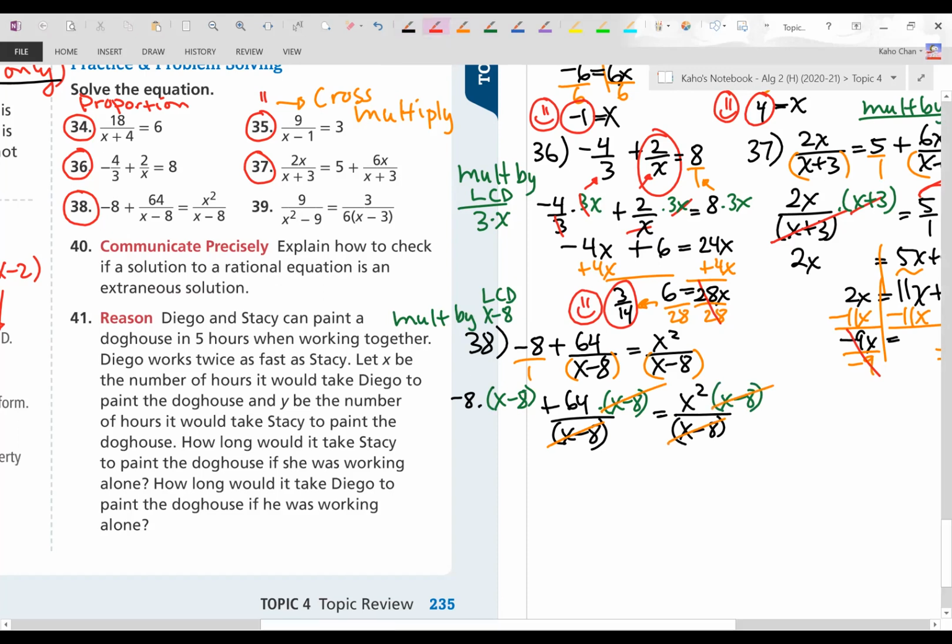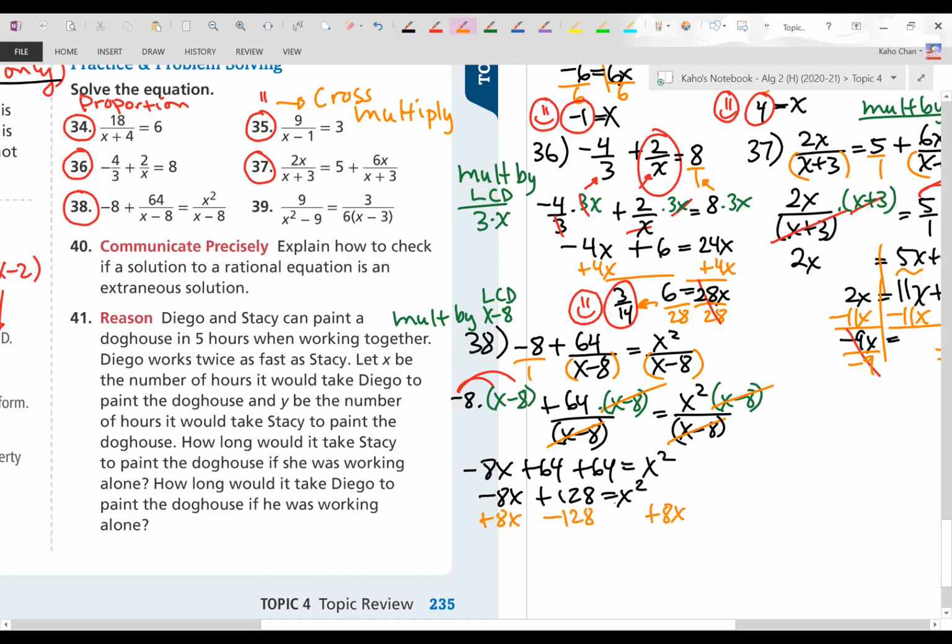I'm now left with negative 8x plus 64 equals x squared. 64 is 128. Move the negative 8x and 128 to the other side.